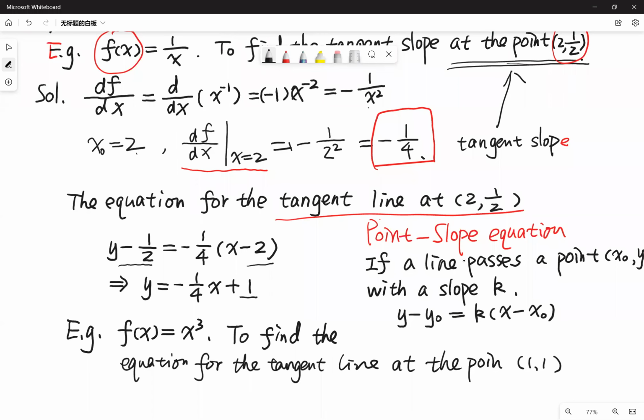Okay, Lakshmi. Actually, can you check? Yeah, you are right, but you should write it in this form.